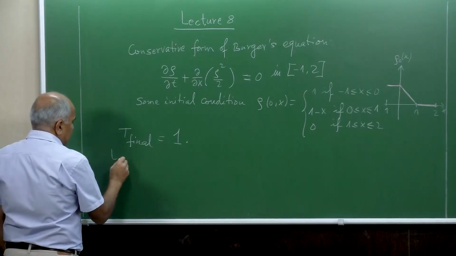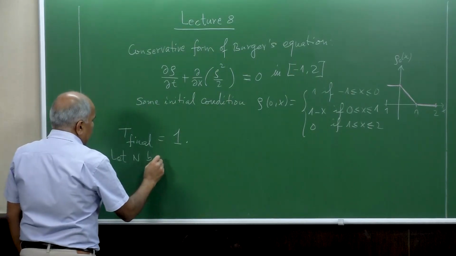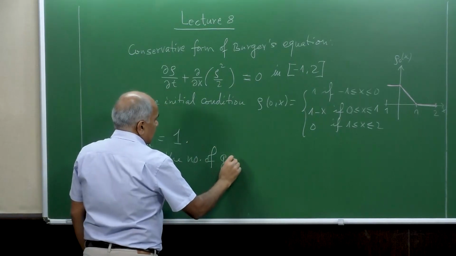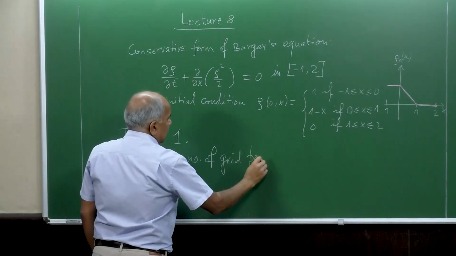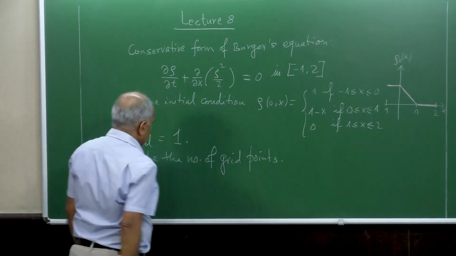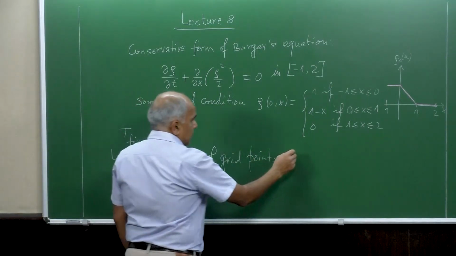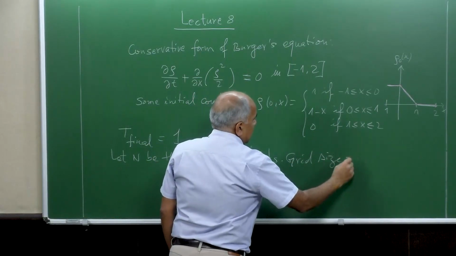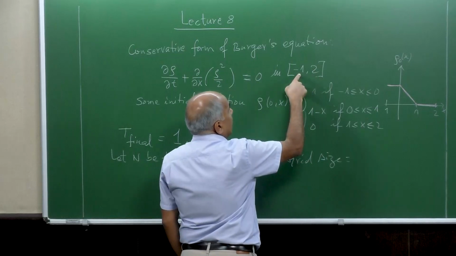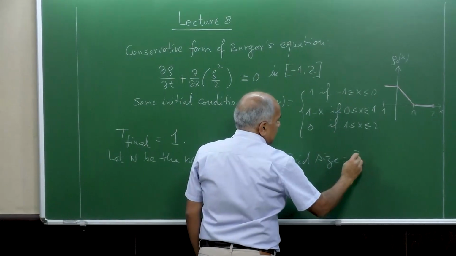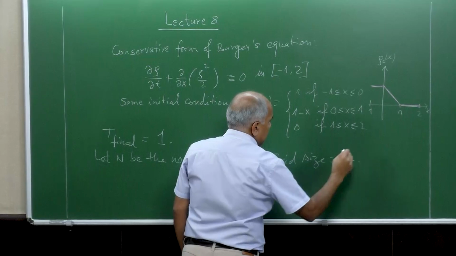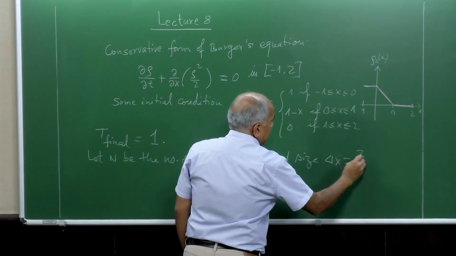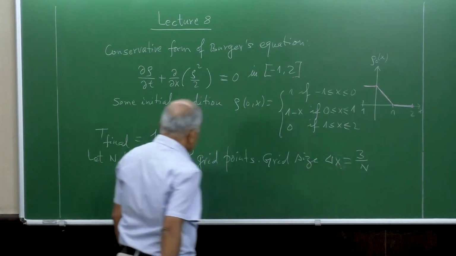So let n be the number of grid points. The grid size is 2 minus of minus 1, which is 3, by n. Grid size delta x is equal to 3 by n.